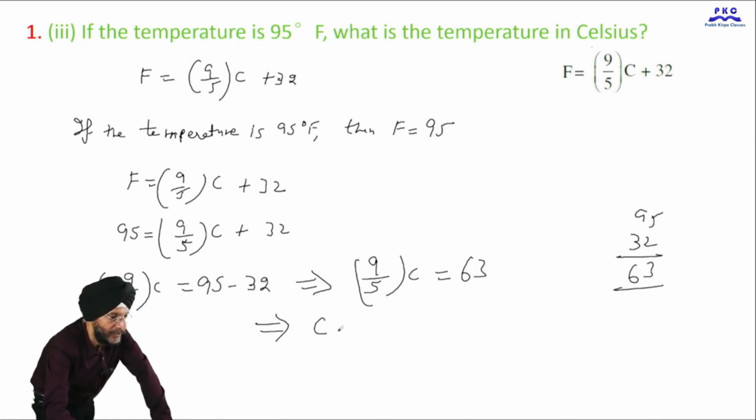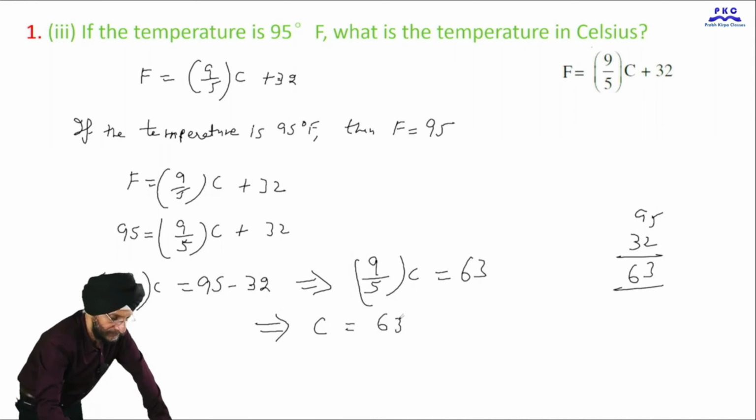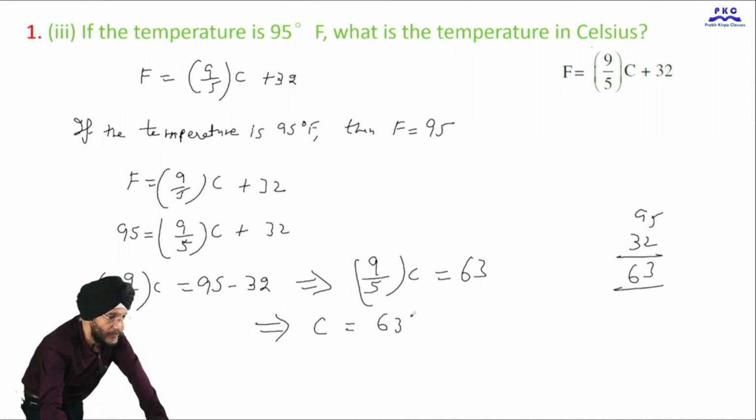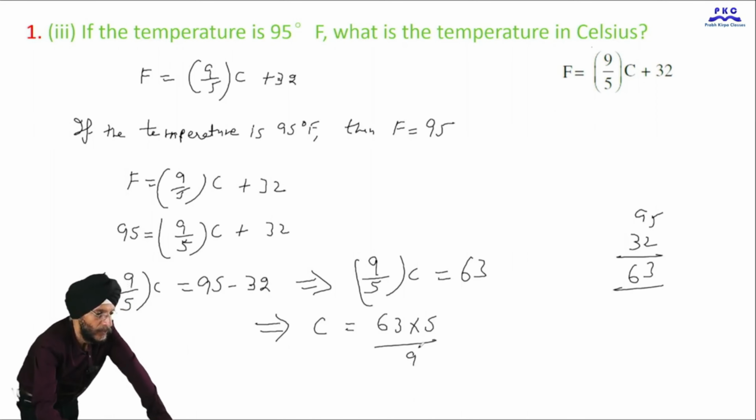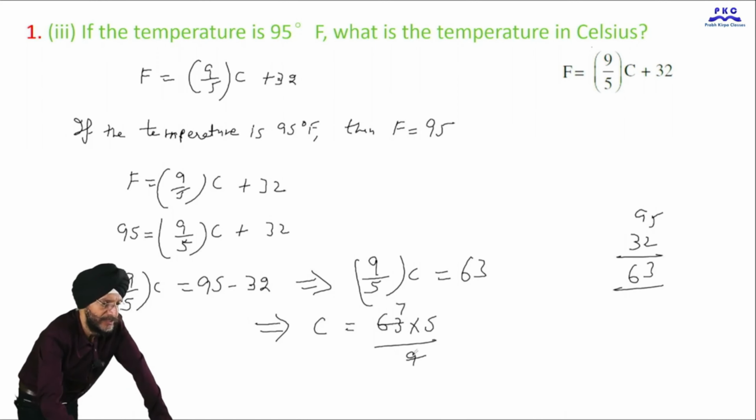We can also write it as C is equal to 63, the 5 will go to the upper side, and 9 will go to the lower side. Now we will divide 63 by 9.